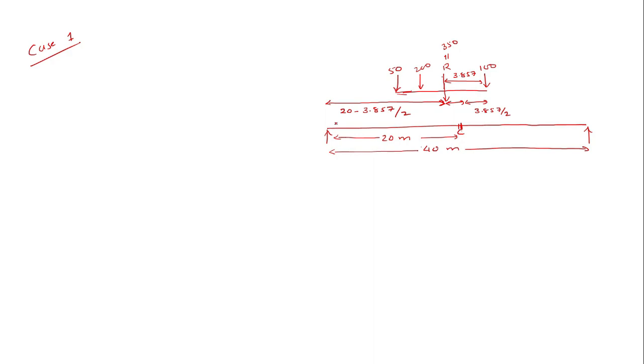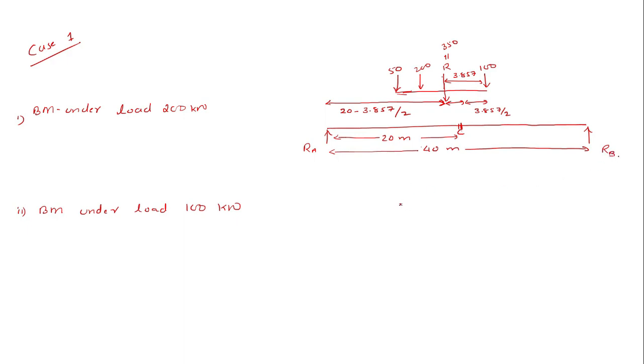Now the bending moment under load 200 kilonewton we'll have to find out first, and then you have to find the bending moment under load 100 kilonewton. There is no need of finding bending moment under load 50 because it will be very small. For both of these, I'll need to find the corresponding reactions RA or RB, any of these.